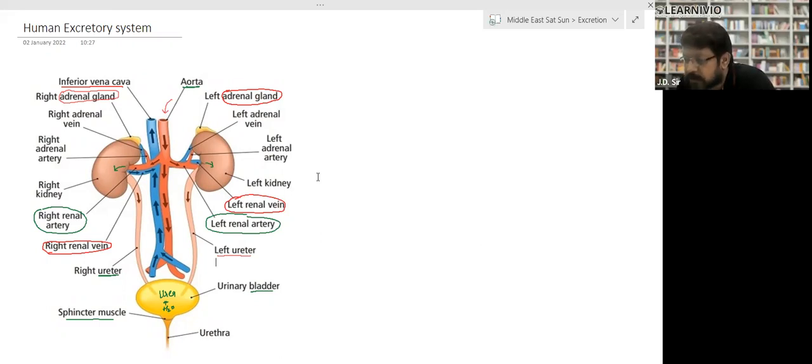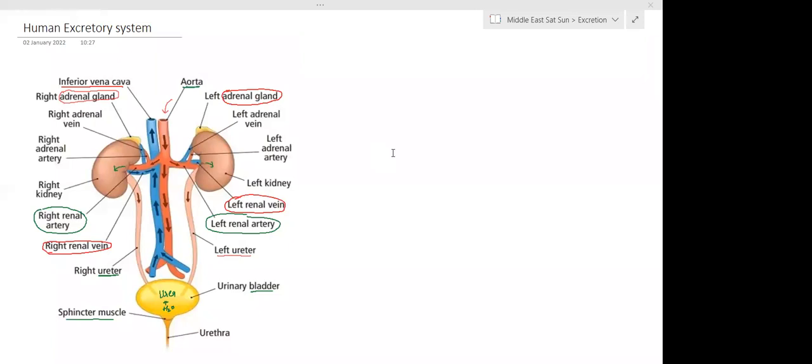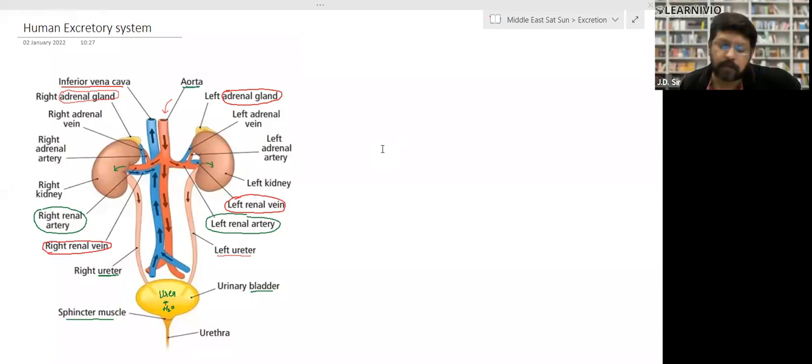Where does urea formation take place? I'm unable to listen to you. Okay, somebody text me. No, Hamna, it's not kidney. The liver. Sorry, Martin? Liver. Very good, excellent. It takes place in the liver, right?